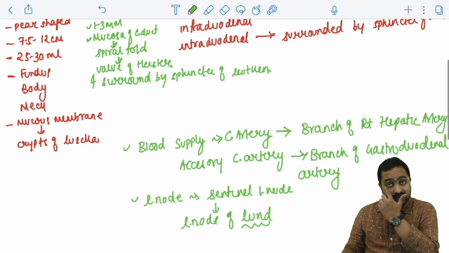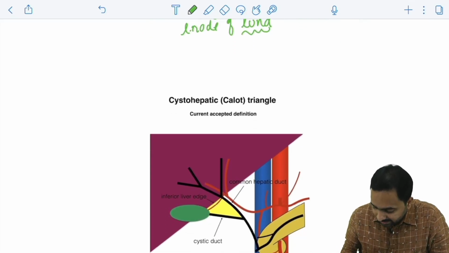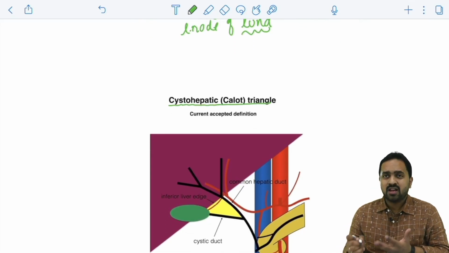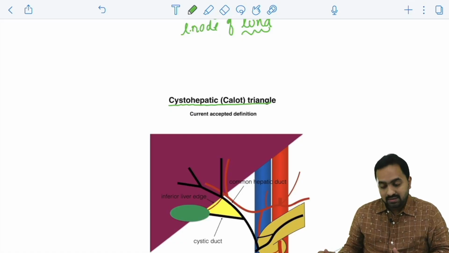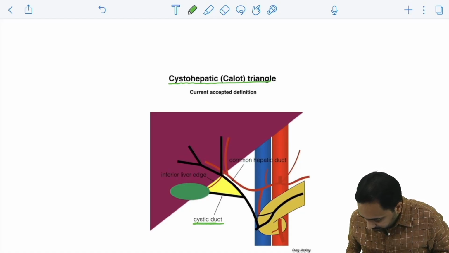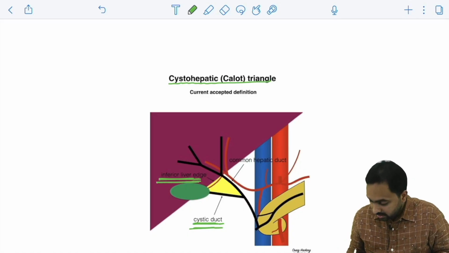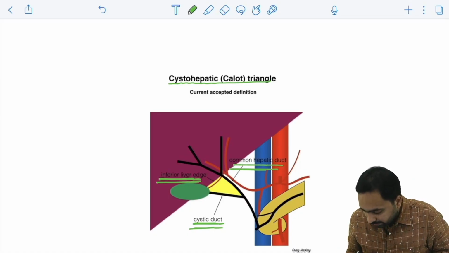Right now, there's an important triangle which we refer to as the Calot's triangle. This image has been taken from the internet resources. Now, this is bounded by the cystic duct, the inferior surface of the liver, and medially by the common hepatic duct.